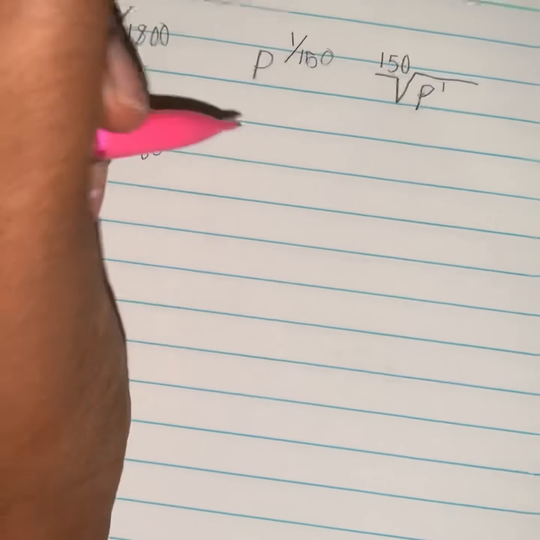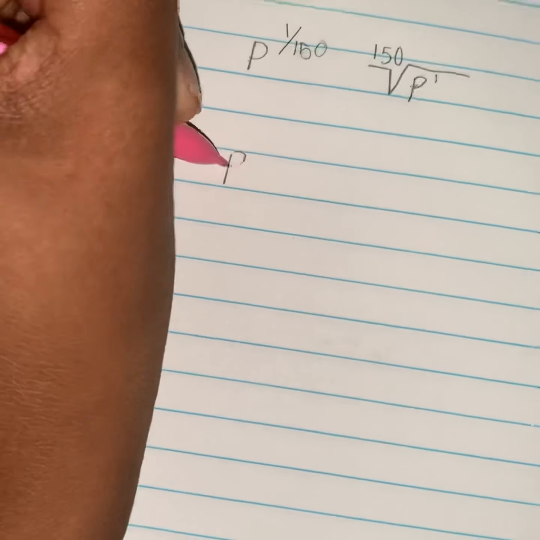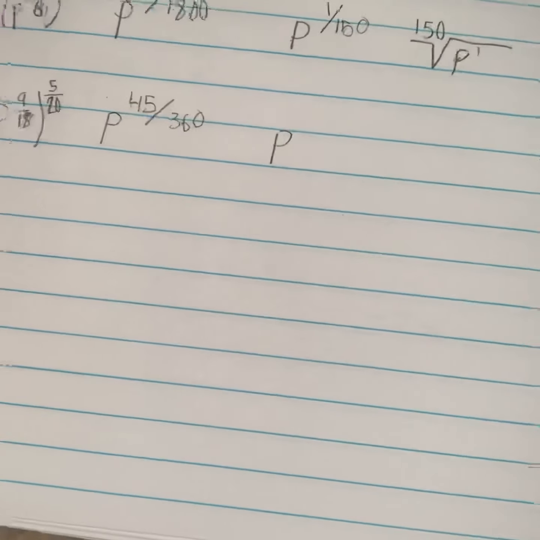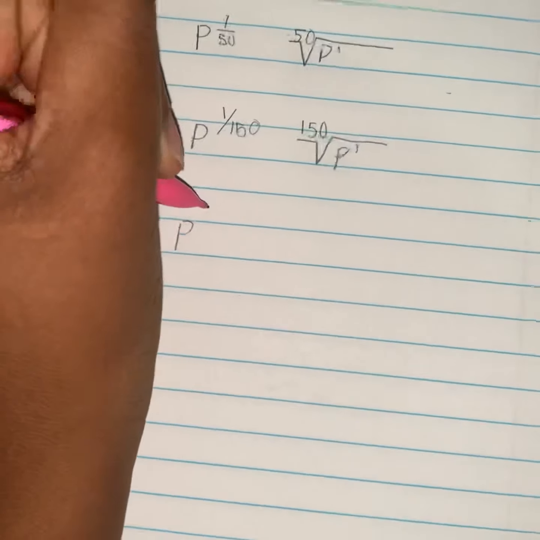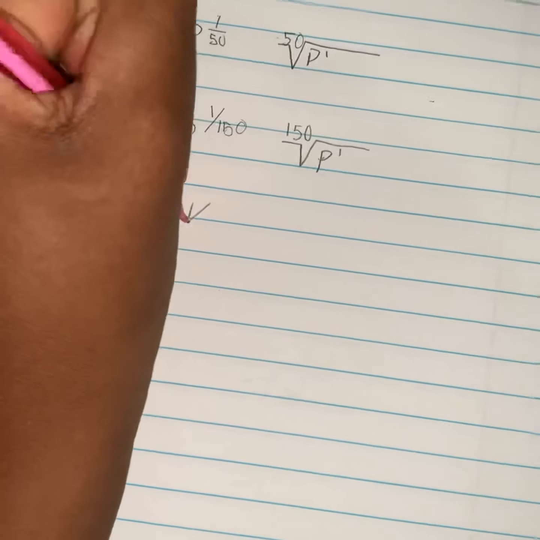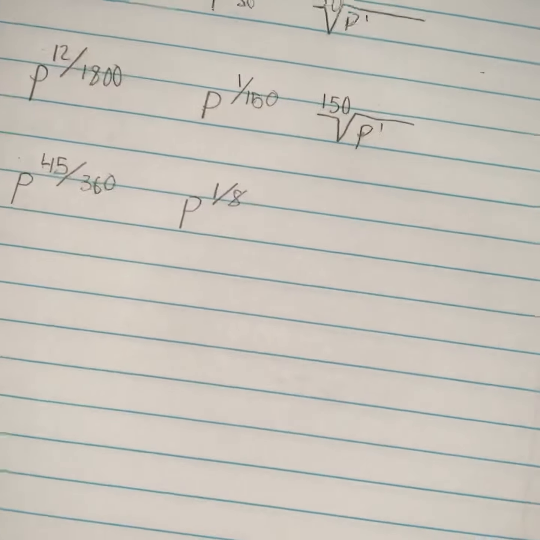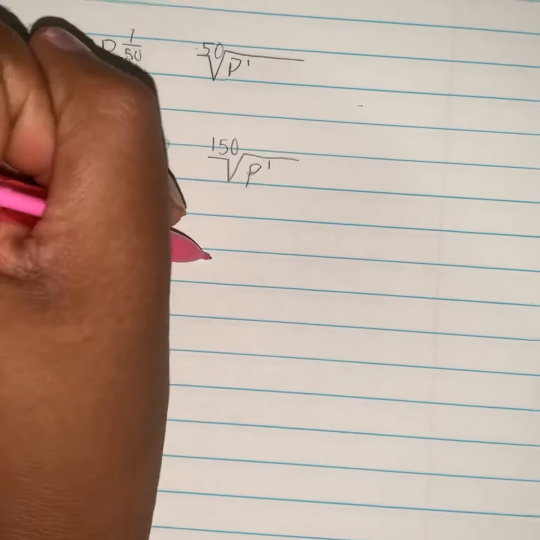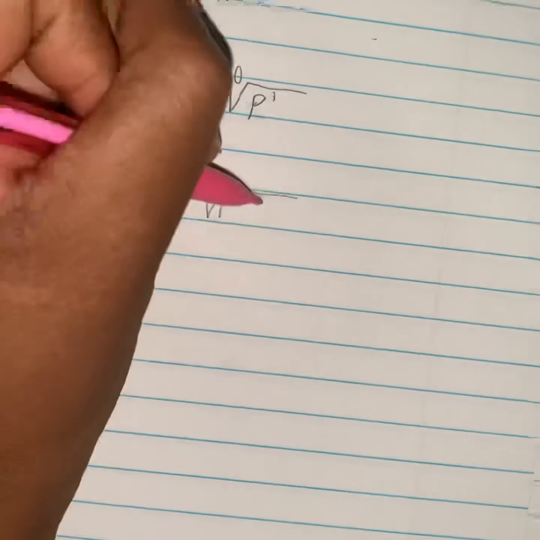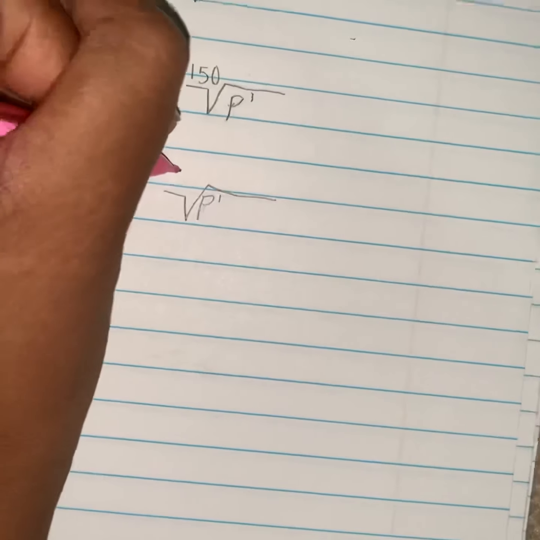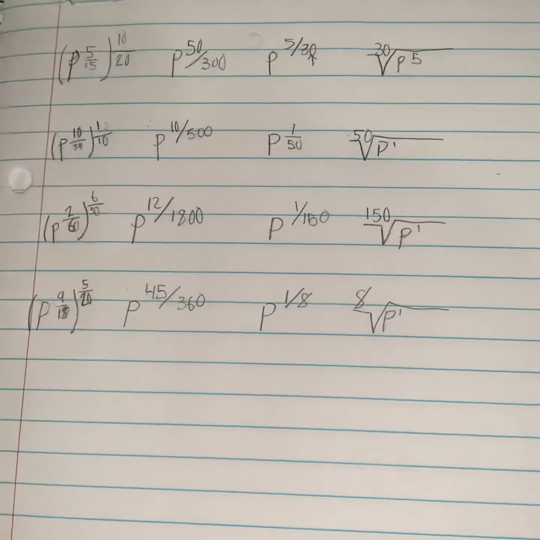If we can simplify this down, our simplest form would be 1/8. And then we just want to rationalize it. So the square root of 1/8 on our outside. So this is AKS 60.